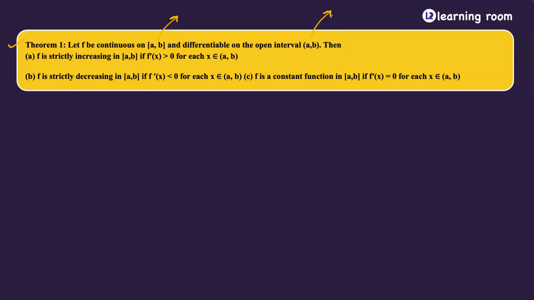Similarly, it is strictly decreasing in this interval if f dash of x is less than 0. Suppose f is a constant function, then it will be a line parallel to the x-axis. What is the slope of a line parallel to the x-axis? 0. That is why f dash of x is 0. Is the point clear? So that's what theorem number 1 states.